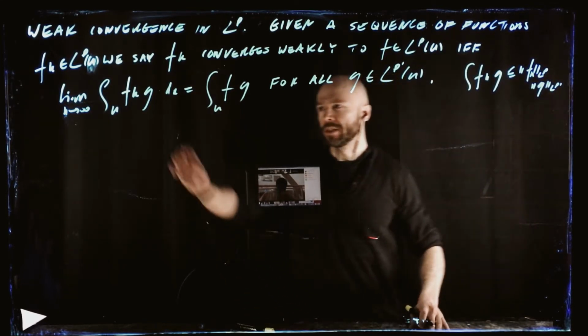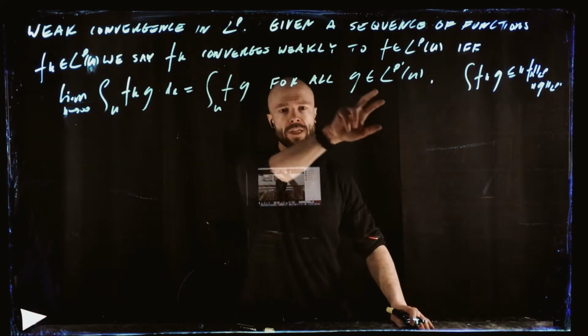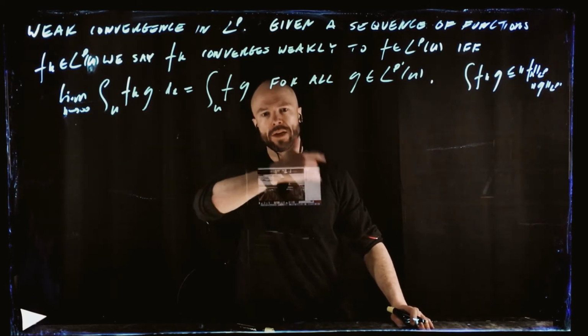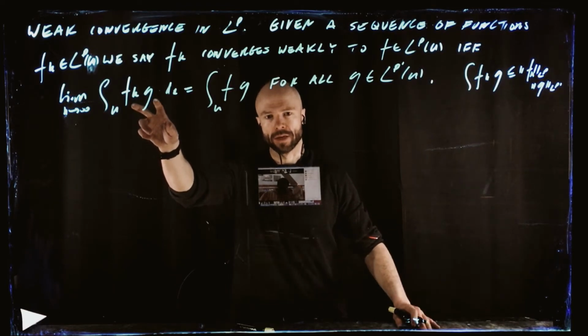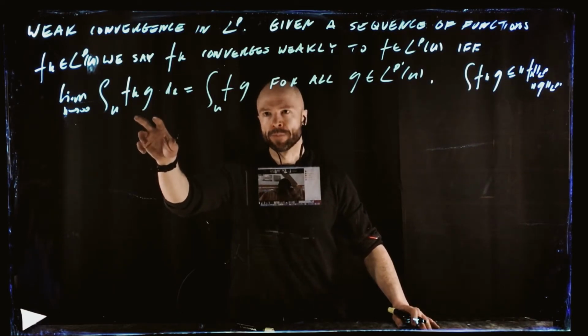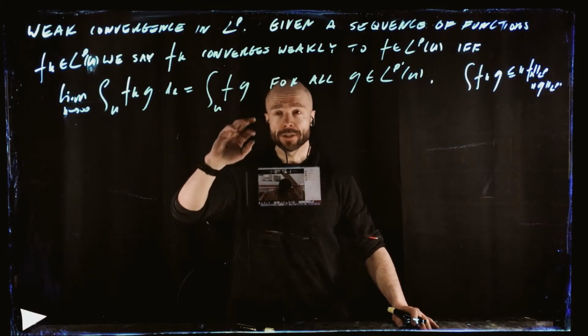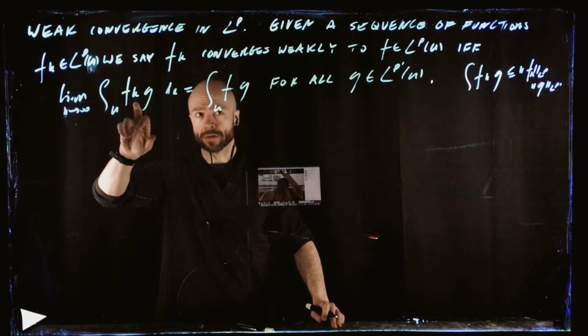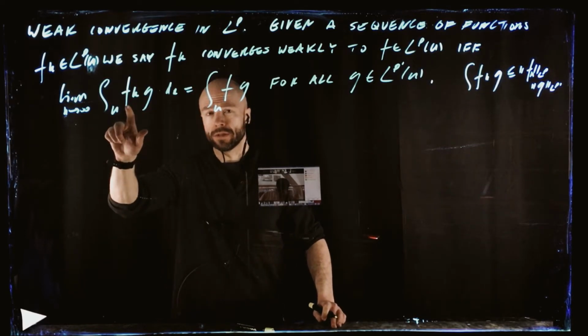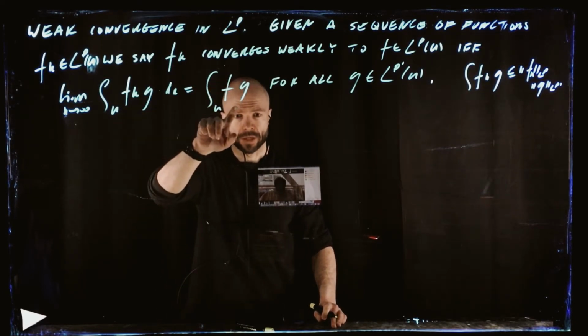So we don't know that this expression is bounded unless g is in L^p'. So this is the largest class of functions for which we can write this product as an integral. For this largest class of functions, we want this thing to converge to this thing, okay?